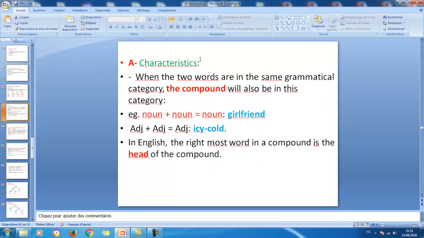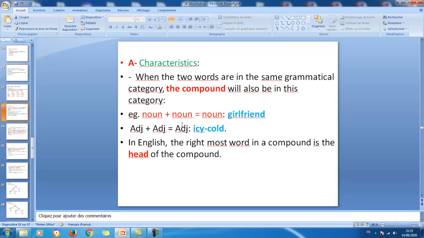Now let's talk about some characteristics of compounds. When the two words are in the same grammatical category, the compound will also be in this category. For example, if we have noun plus noun, the whole compound is considered a noun. Girlfriend: girl is a noun, friend is a noun, so the whole compound word is a noun.